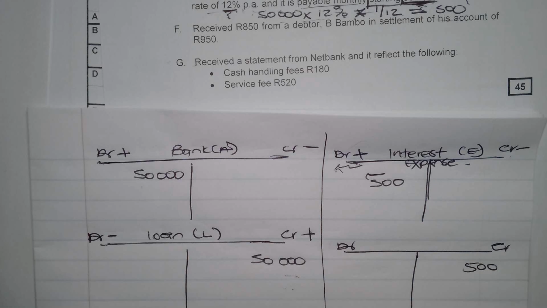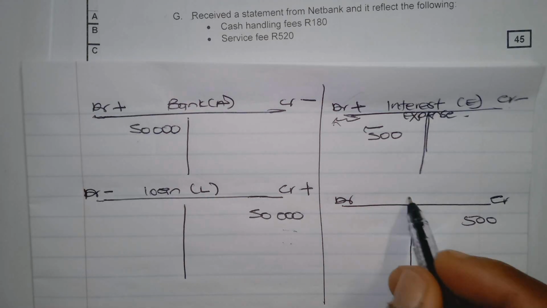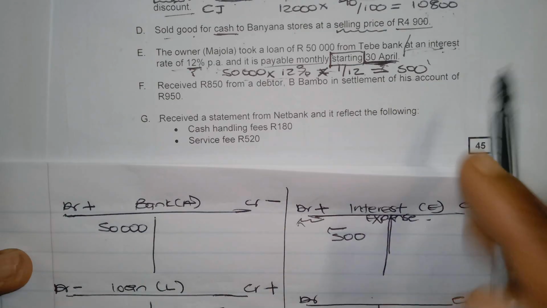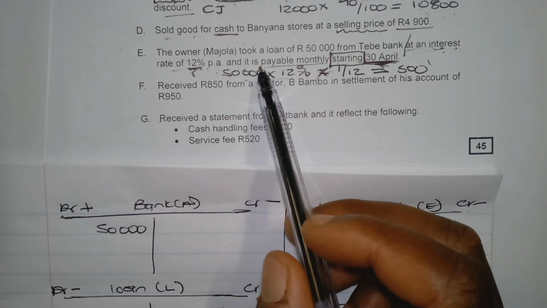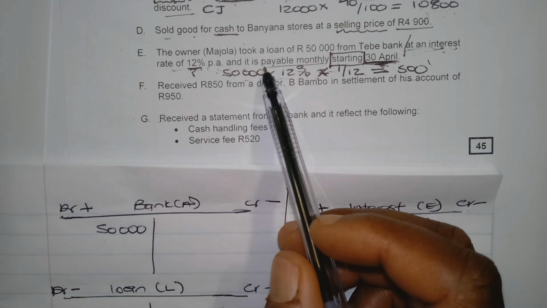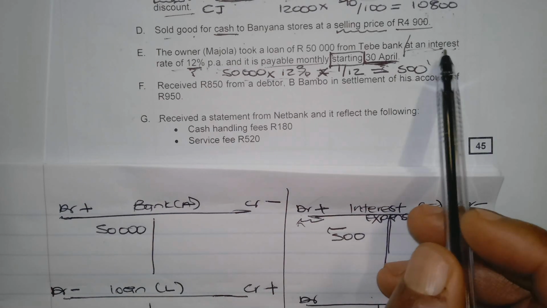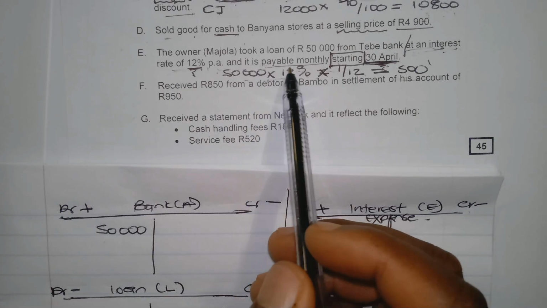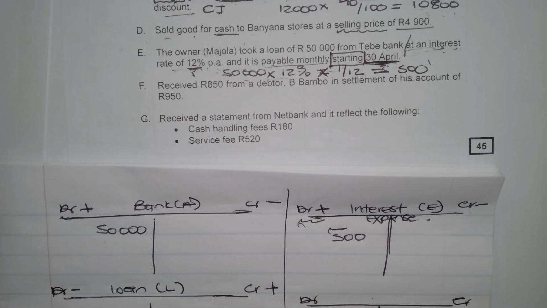And then I've made a debit entry, so now I'm going for the credit entry because of the double entry principle. But what is this account? Let's read. It says an interest rate of 12% per annum, and it is payable monthly. So we need to take out this money every month.